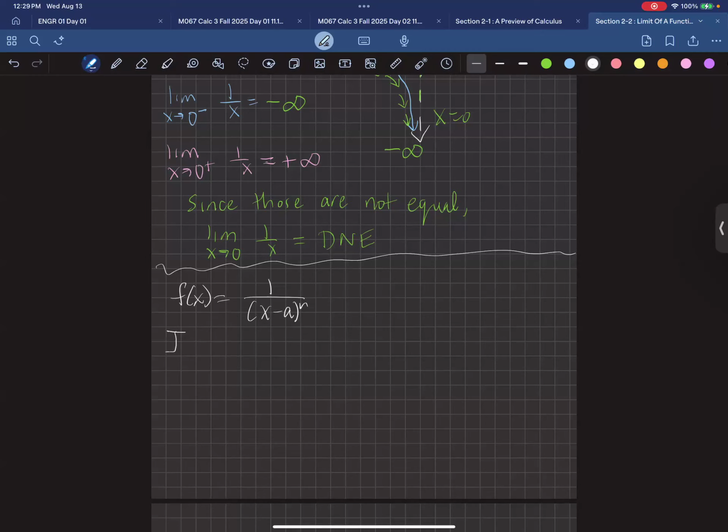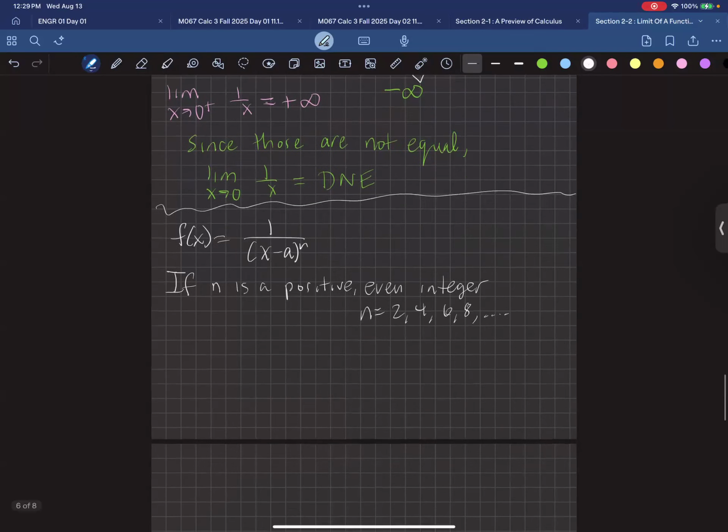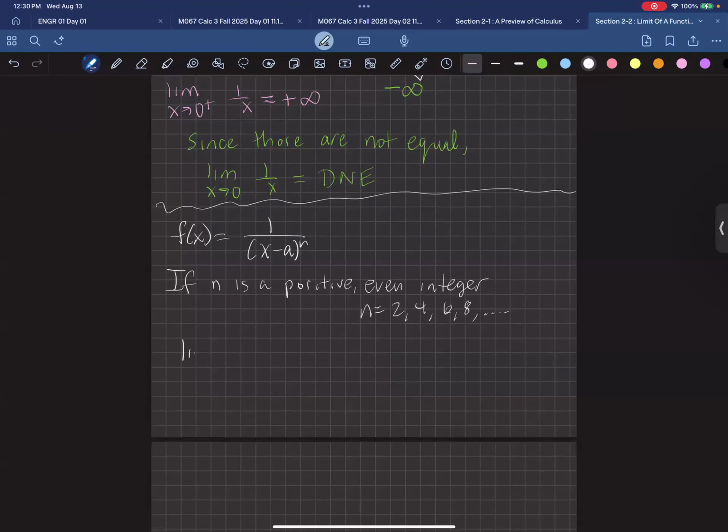So if n is a positive even integer, like n equals 2, 4, 6, 8, etc., the limit as x approaches a of 1 over x minus a to the nth power is going to equal positive infinity every time.